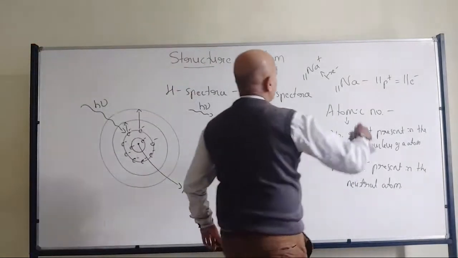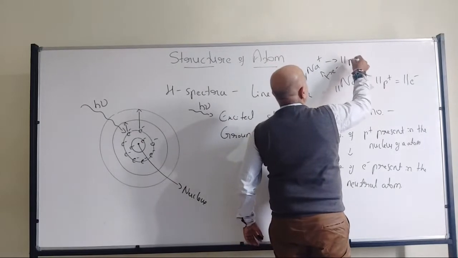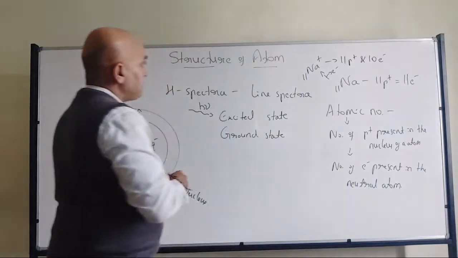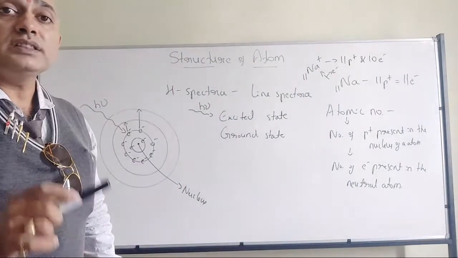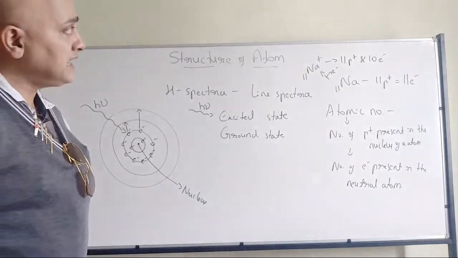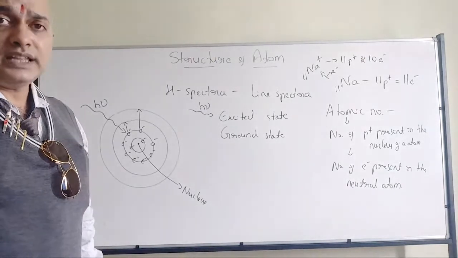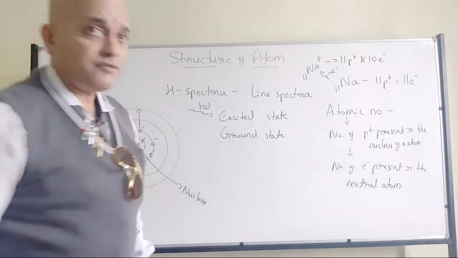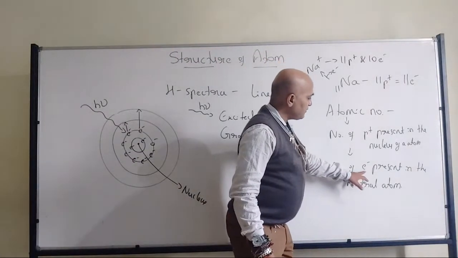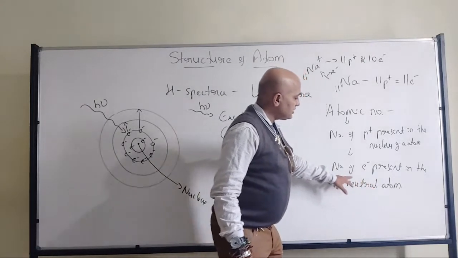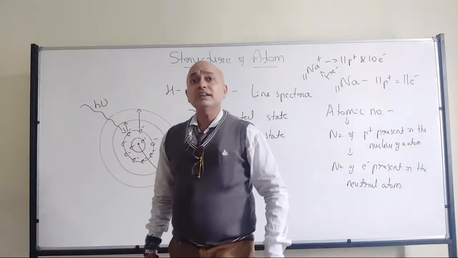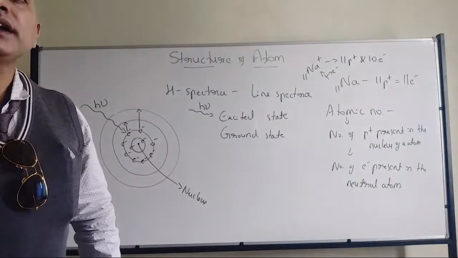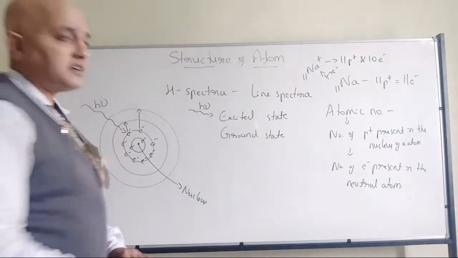Still, the atomic number of Na plus will be 11 only, although there is a decrease in the number of electrons. So if I want to mention the number of electrons, I should mention the words neutral atom or neutral condition. Fine? So that's the atomic number. All of you have understood?